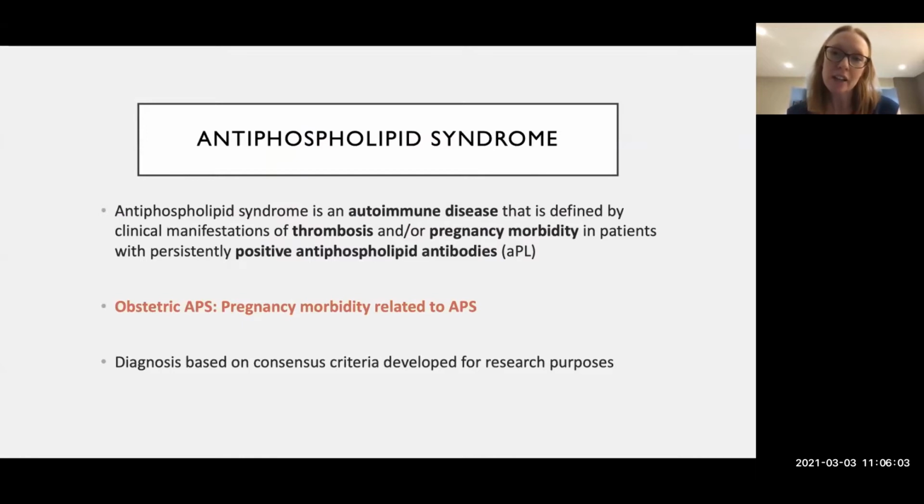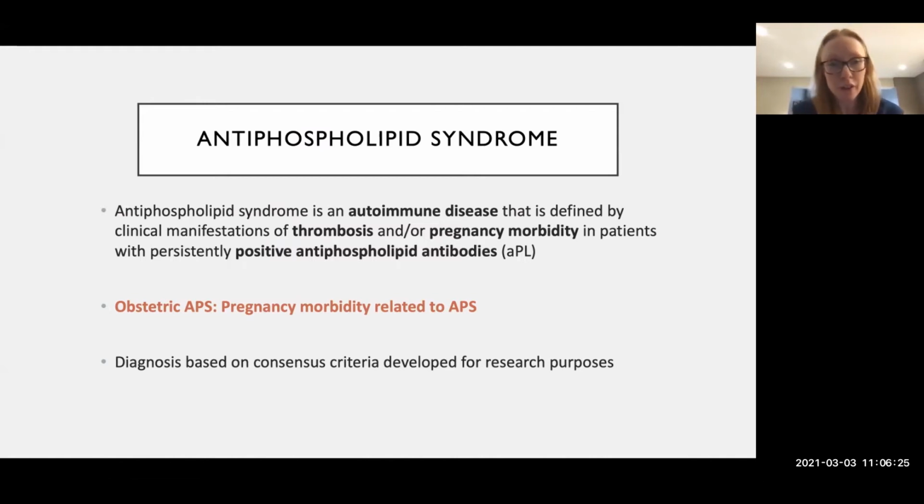So to take a step back, antiphospholipid syndrome is an autoimmune condition defined by either venous or arterial thrombosis and/or pregnancy complications in patients with persistently positive antiphospholipid antibodies. And you'll hear this term obstetric APS.